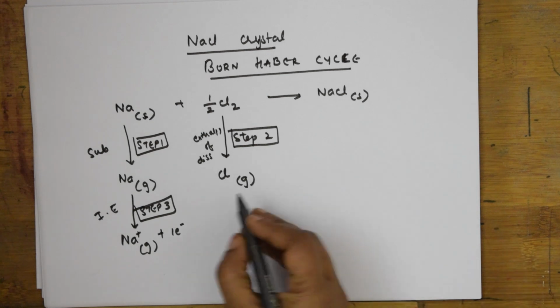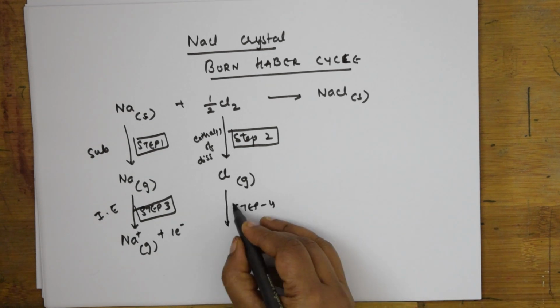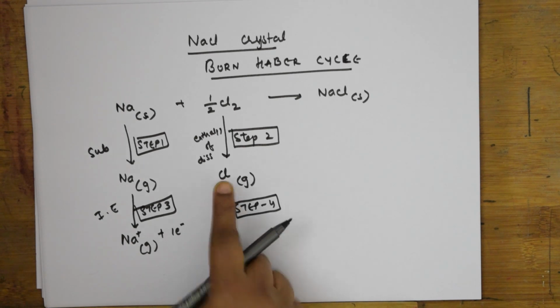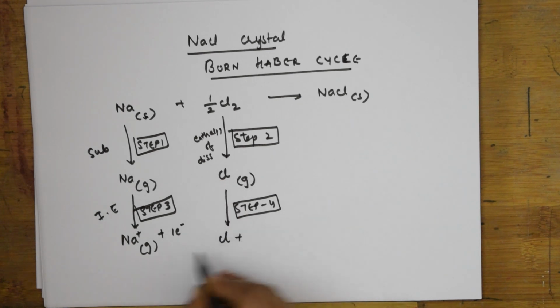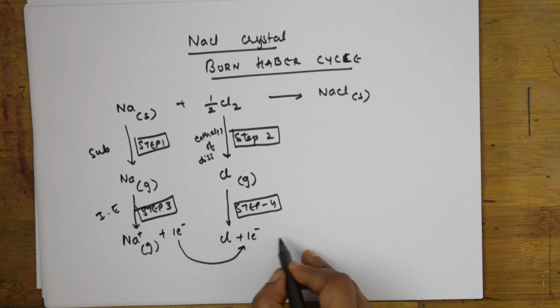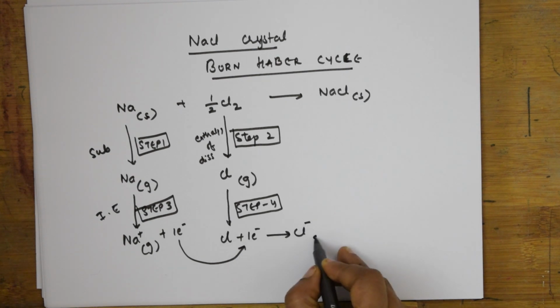Done. Now let's come back to step 4. Remember, in this particular case, one electron is gained by this chlorine atom. Chlorine picks up this electron, and the chlorine atom becomes chlorine anion.